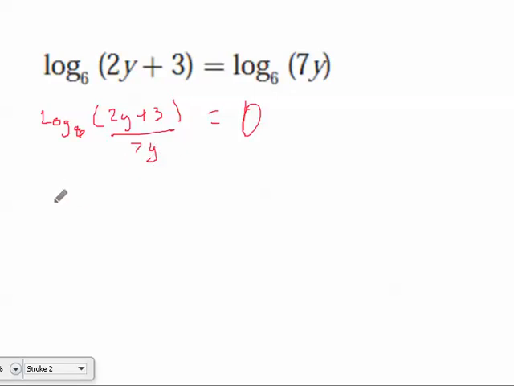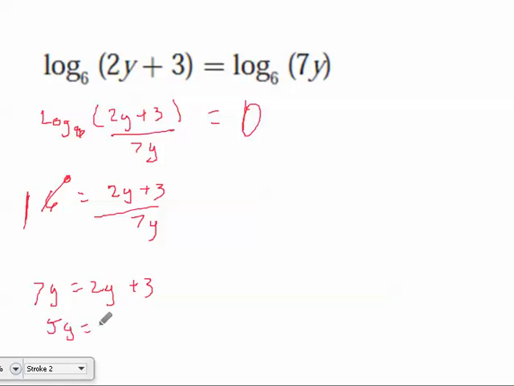So 6 to the 0th power is going to be equal to 2y plus 3 divided by 7y. So I'm going to multiply the 7y on the other side because that's going to be 1, right? So I'm going to get 7y is equal to 2y plus 3. Subtract the 2y, I've got 5y equals 3. y is equal to 3 over 5. Wow, easy enough to solve for.